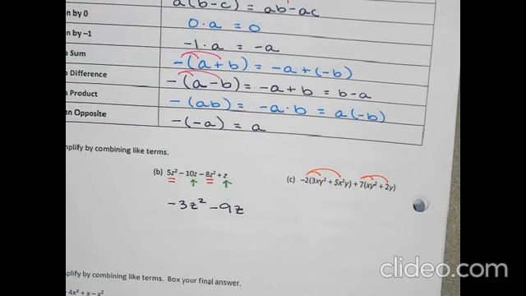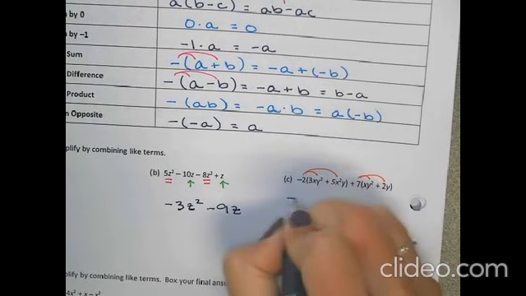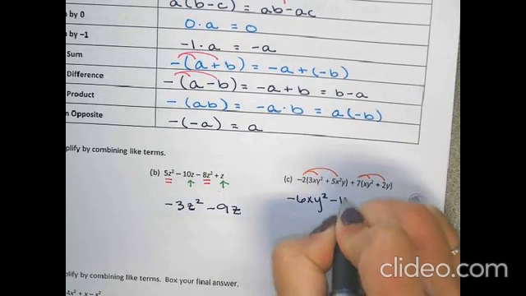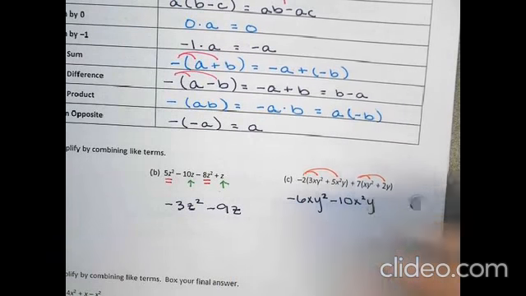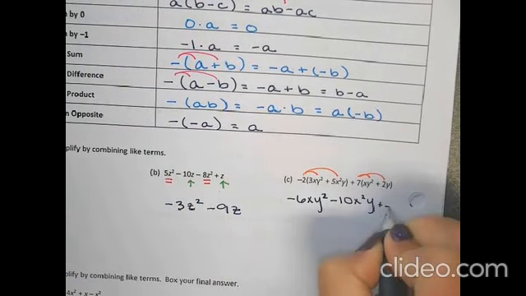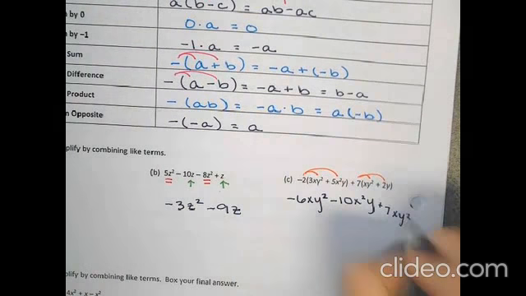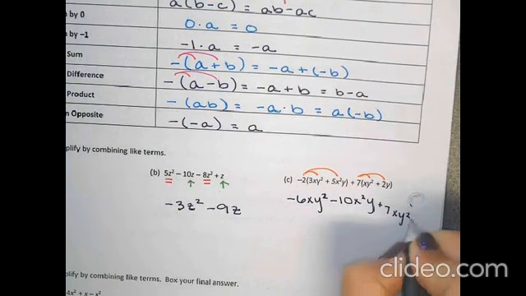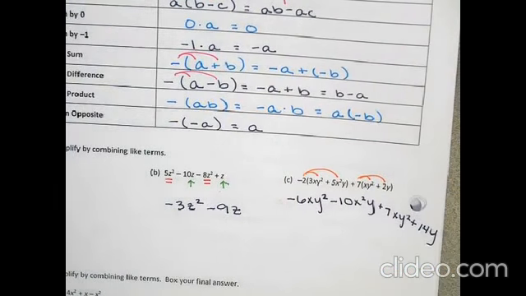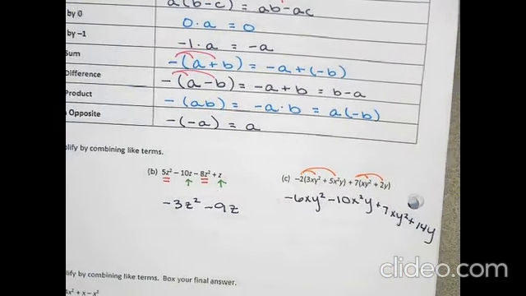And when we do that, we're going to get -6xy squared minus 10x squared y plus 7xy squared plus 14y. Sorry, my hole punch got in the way.